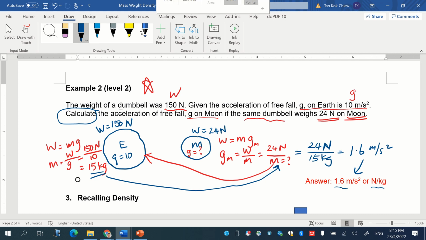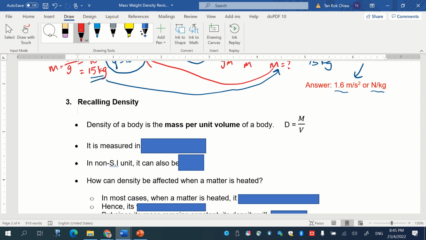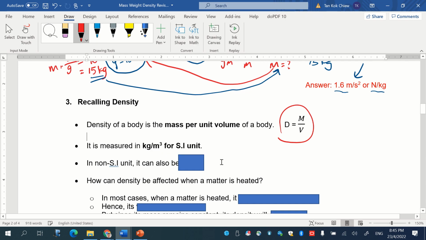Now let's move on because time is catching up. Let's recall density. Density by definition of a body is the mass per unit volume of a body. So the formula is very, very important, and in your WA2 this one is needed for your calculation. It is measured in kilogram per meter cube for SI unit.